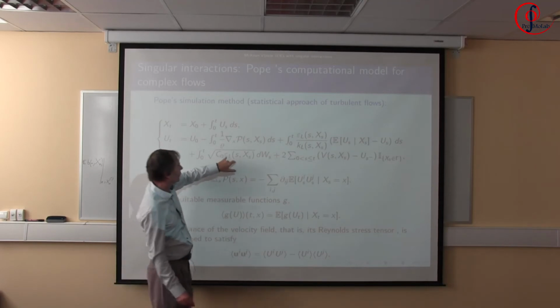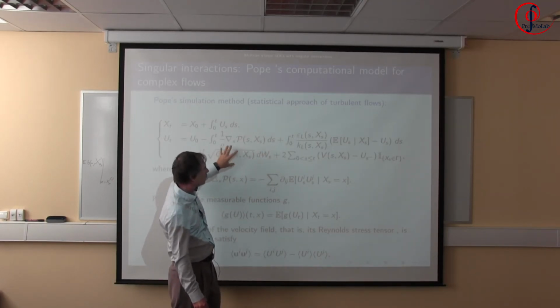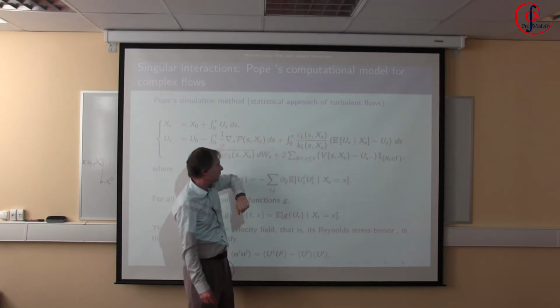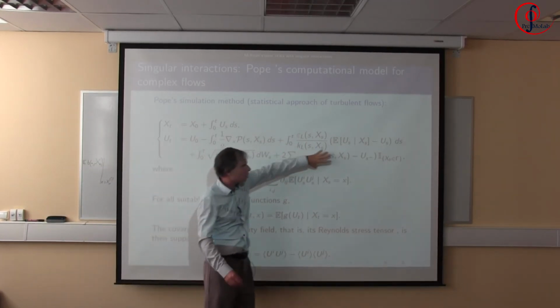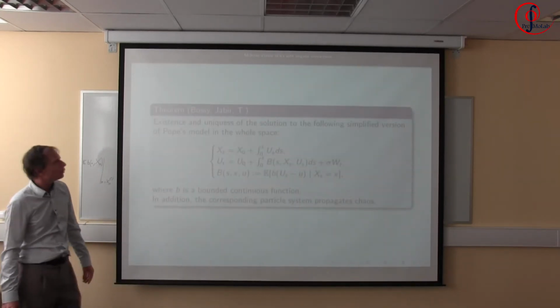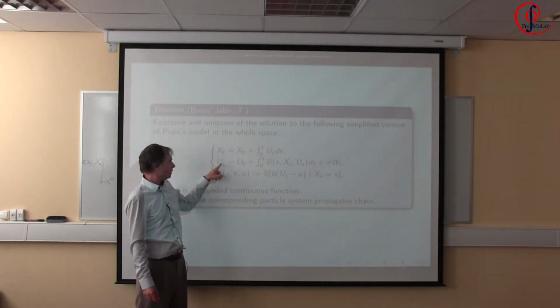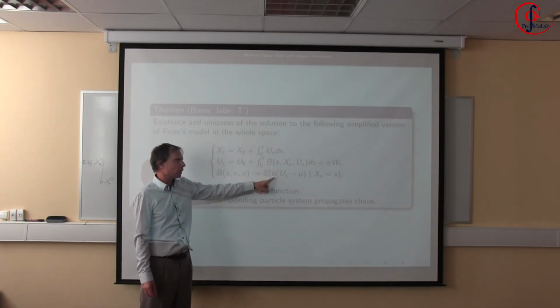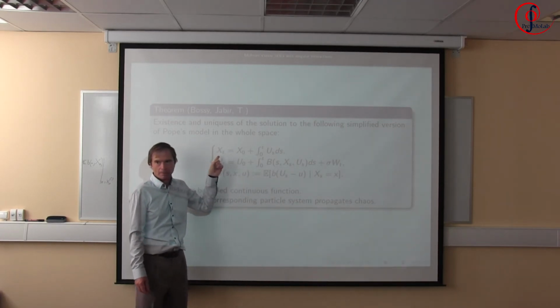I get rid of the singular or discontinuous function epsilon k. I get rid of the specular boundary condition. I only keep the hypoelliptic structure and the fact that the dynamics is governed by a conditional expectation of velocities given positions.